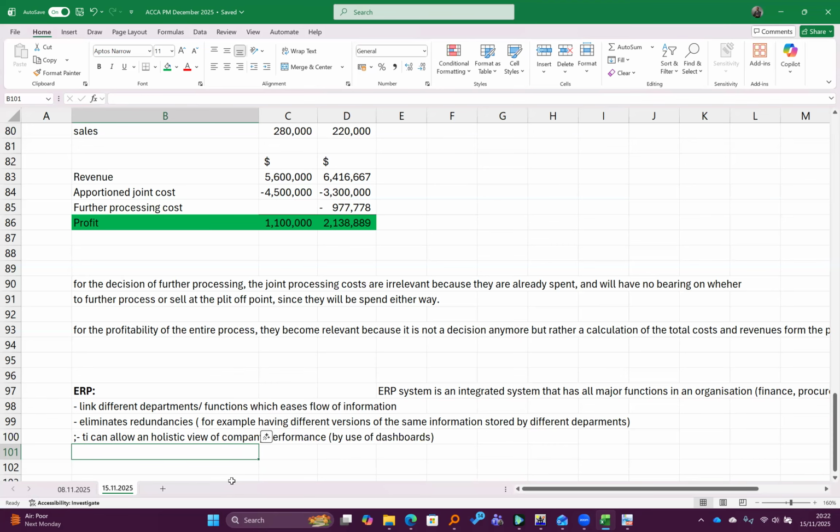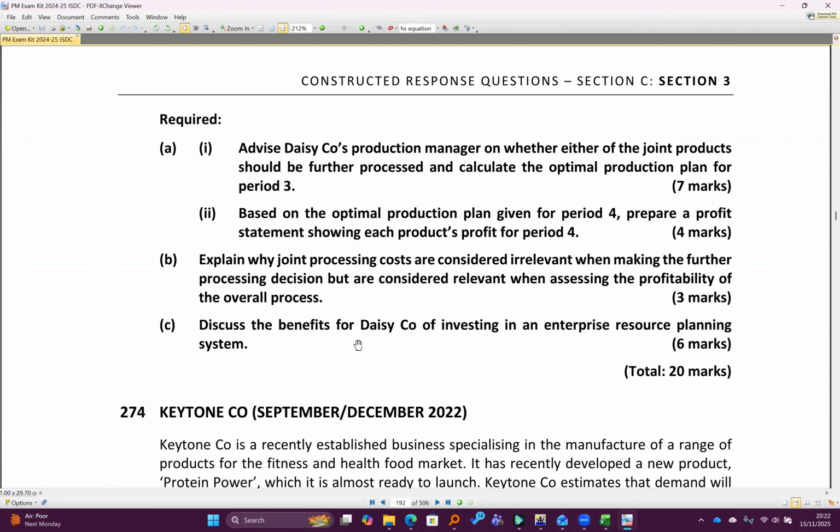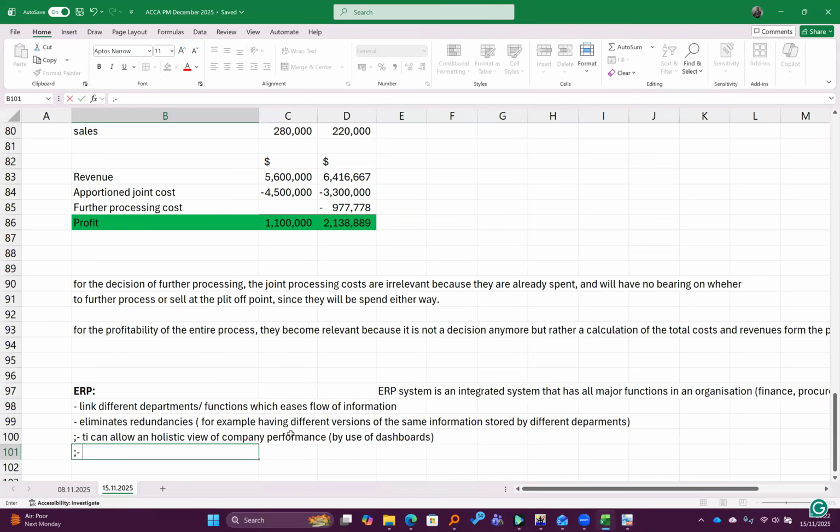But of course, if you look at the question, when they say discuss, you should probably also throw in one that represents that the ERP system is costly, and thus benefits should be weighed against the costs of implementation.